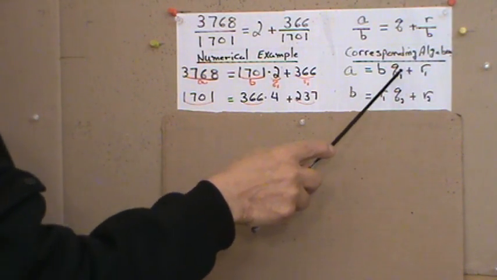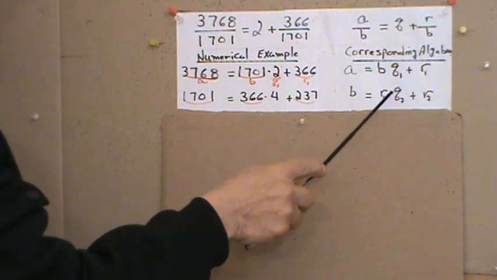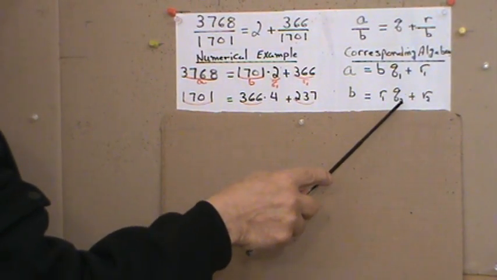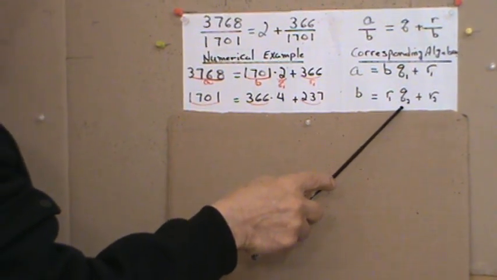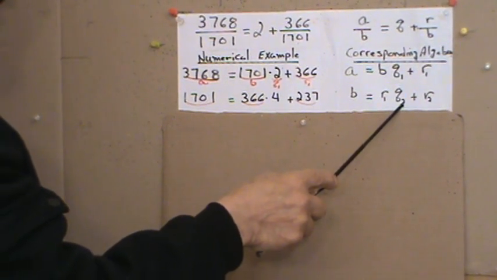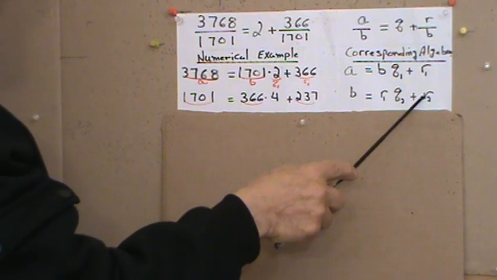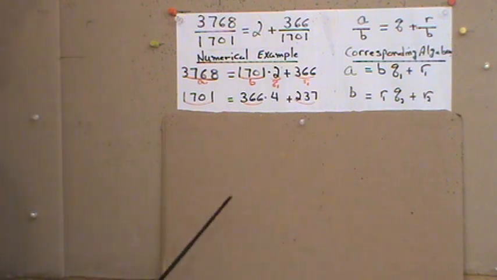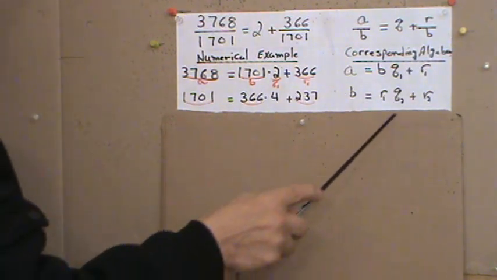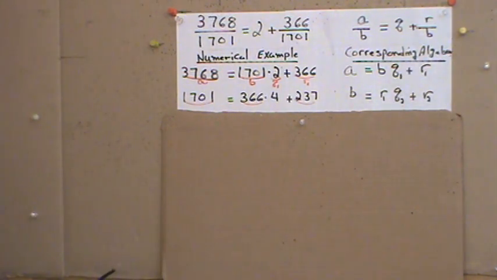You see that? The remainder becomes divisor. So we have a new quotient, which I put as Q subscript 2, plus remainder. Again, I put the subscript to distinguish them from the previous one. So this will be subscript 2.